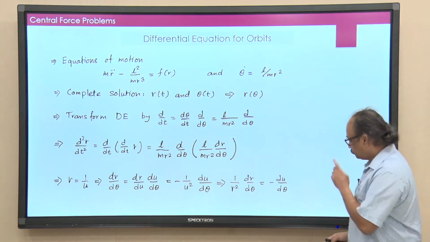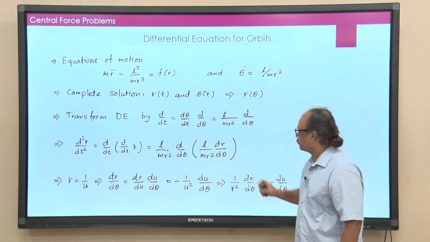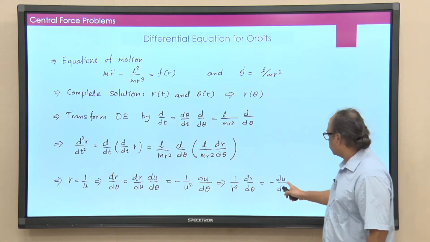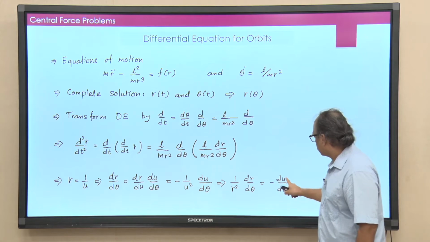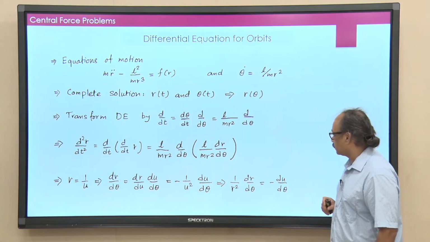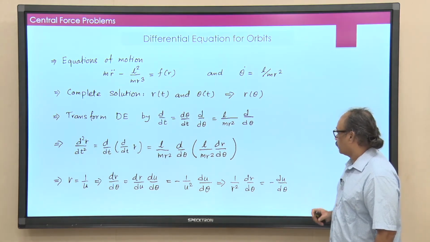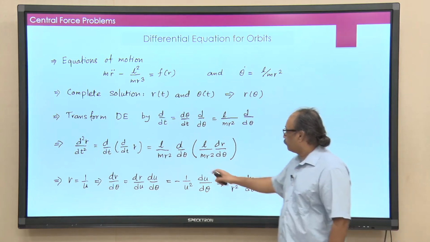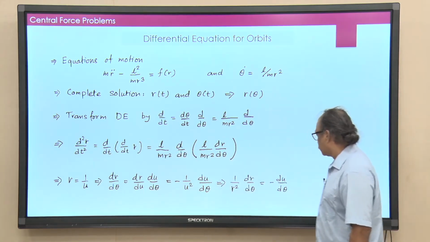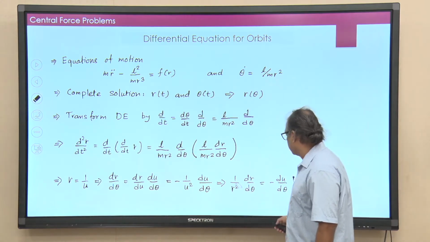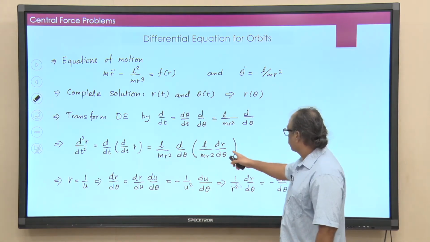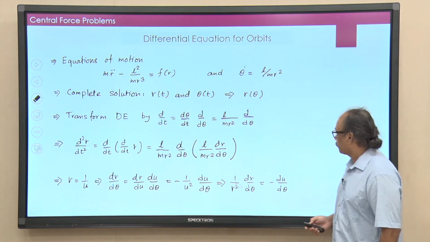And now, you put this back here. Okay. If I put this back here, then 1 over r square dr by d theta will get replaced by du by d theta. Okay. And then I have 1 over r square d by d theta there. So, I want to put this result back into the equation here.